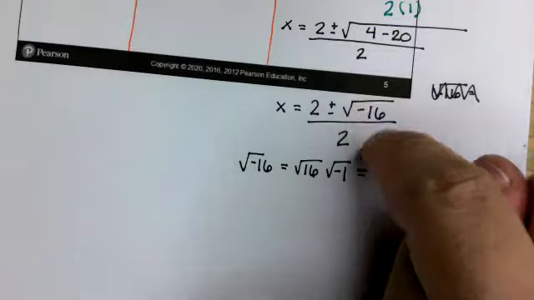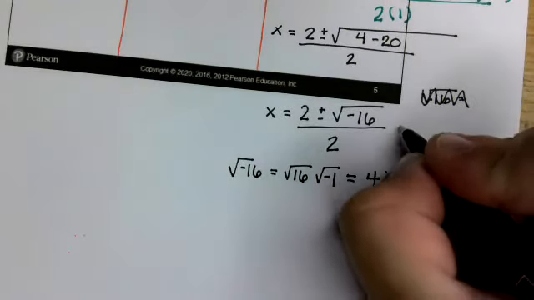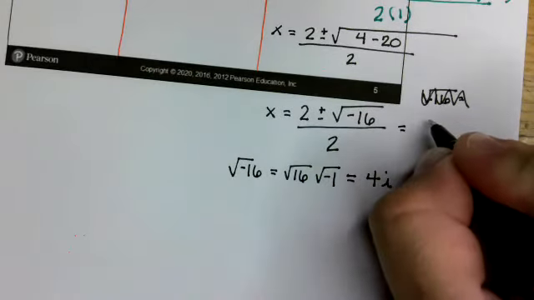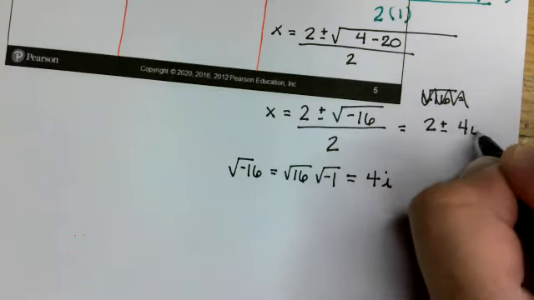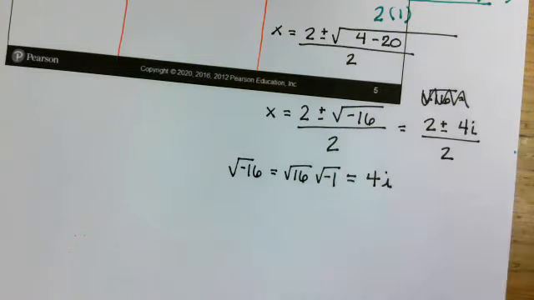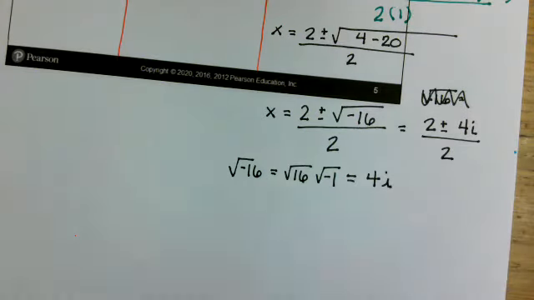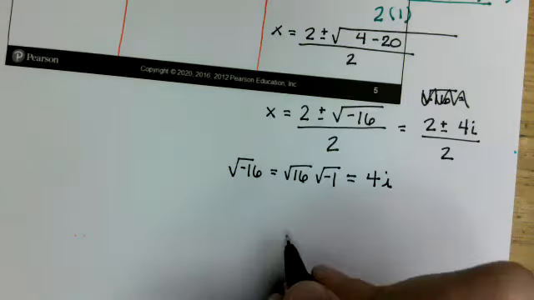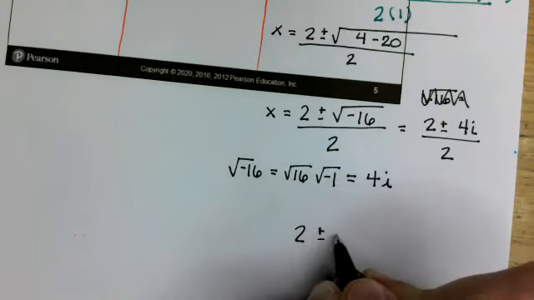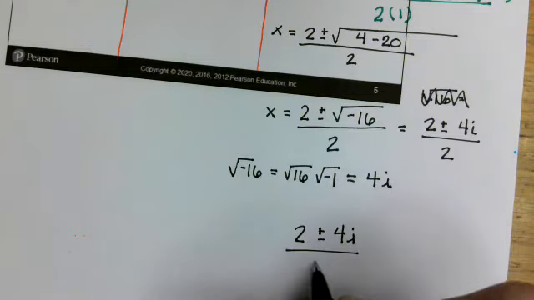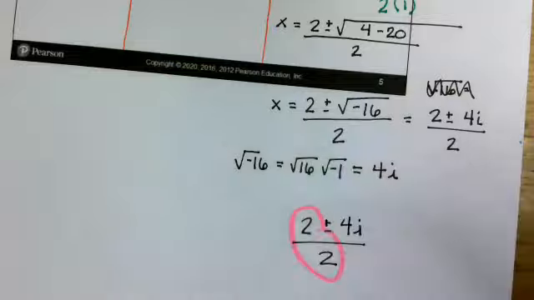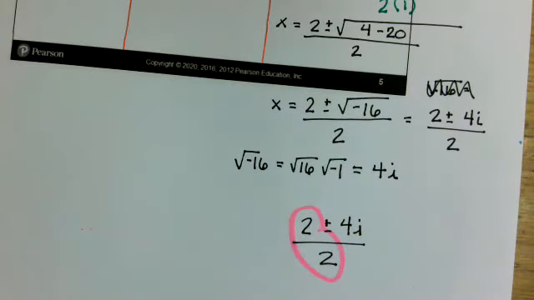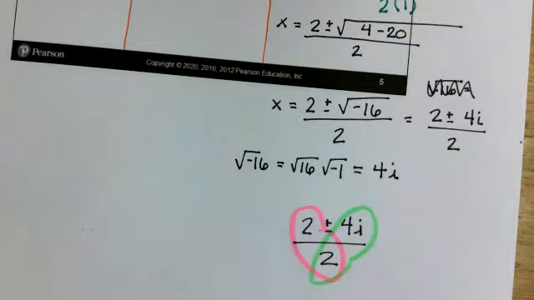So I can replace this with 4i. 2 plus or minus 4i over 2. 2 divided by 2 can just turn into 1, right? 4i divided by 2 can become 2i.